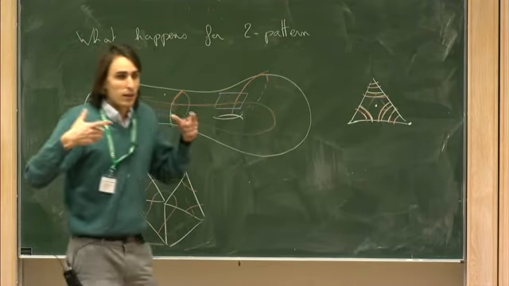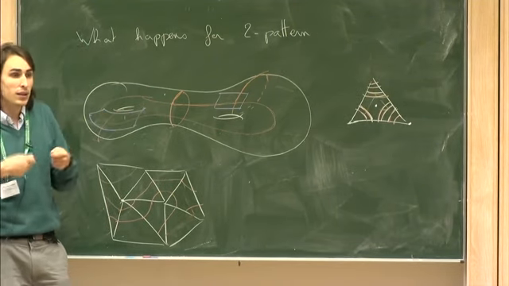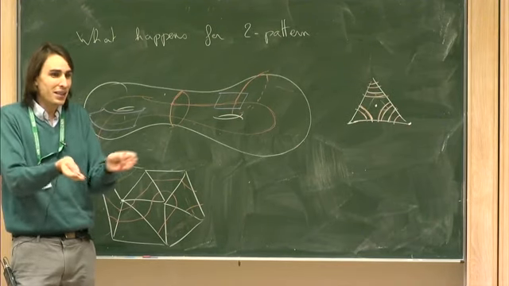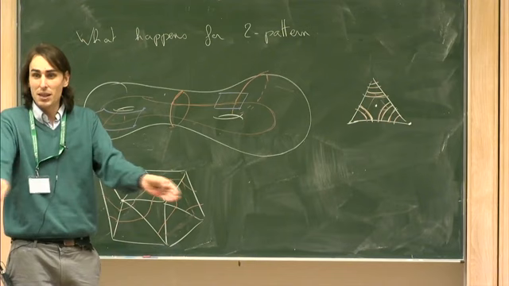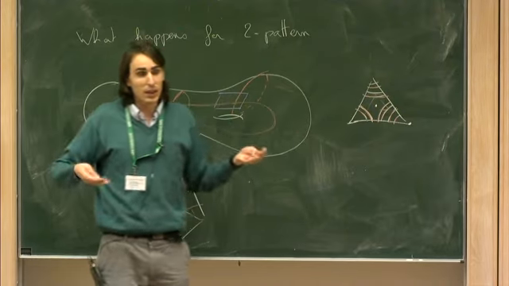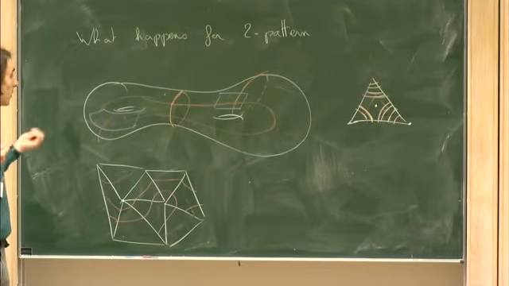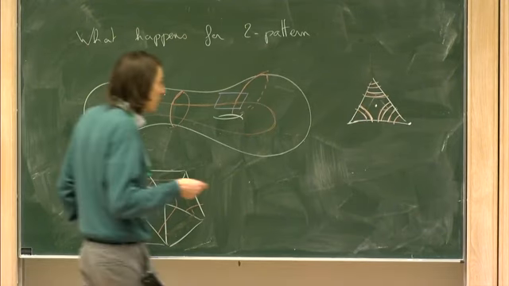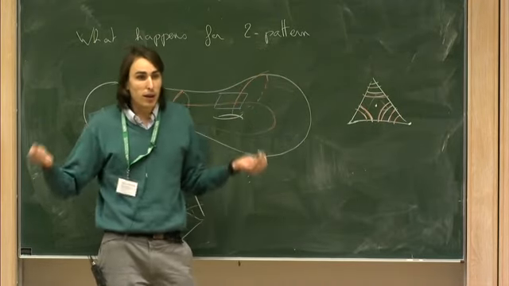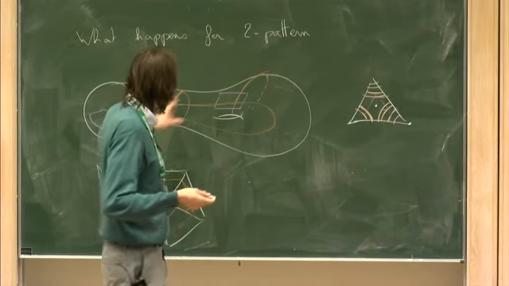So on the surface, once you have a triangulation, you can count how many curves are going to be separated by this center, and that's going to give you a natural bound on the number of non-parallel curves that can be drawn on a surface.